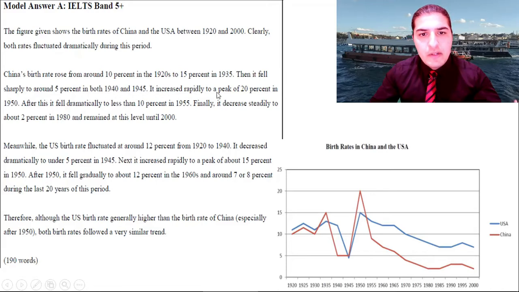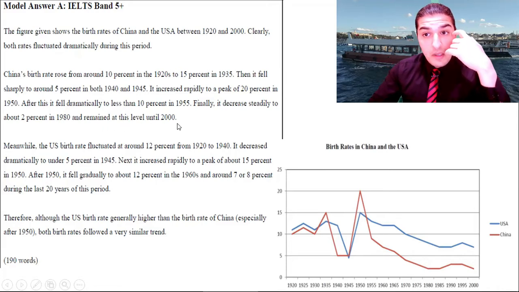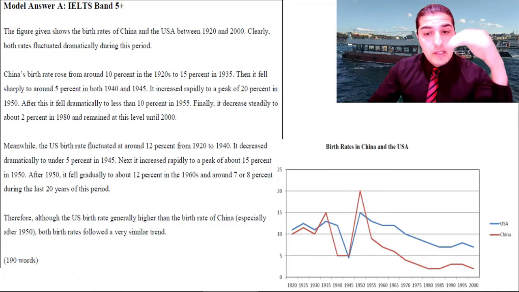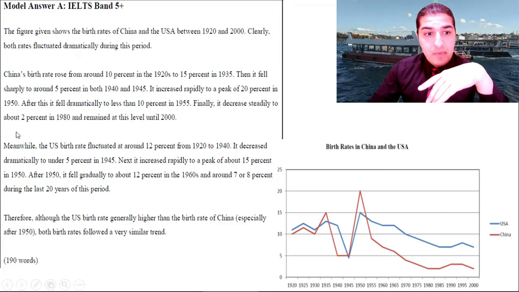It increased rapidly to a peak of 20% in 1950. After this, it fell dramatically to less than 10% in 1955. Finally, it decreased steadily to about 2% in 1980 and remained at this level until 2000. Okay, so it talked about China.